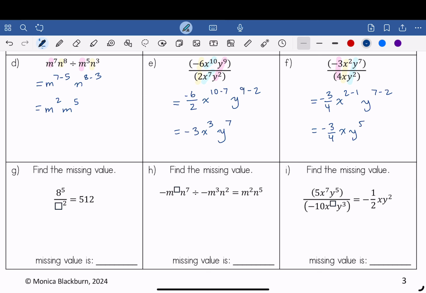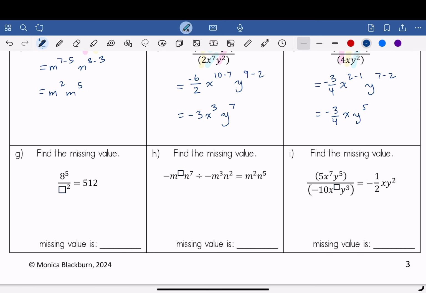Question G asks us to find the missing value. So we know that we are working with same bases, and here's a quotient. So 8 to the power of 5 divided by what base to the power of 2? That will give us 512 when evaluated.